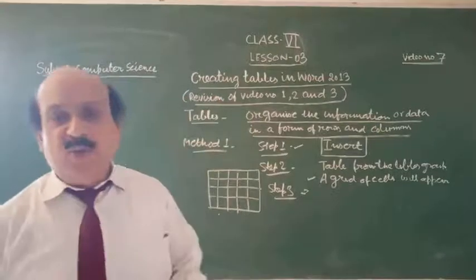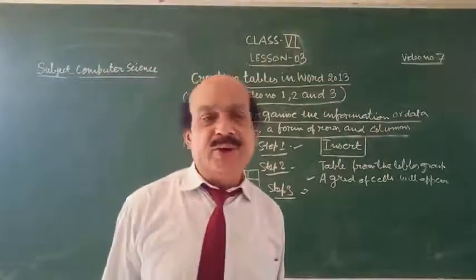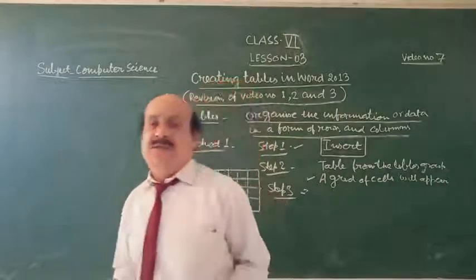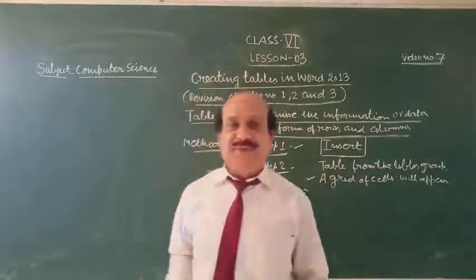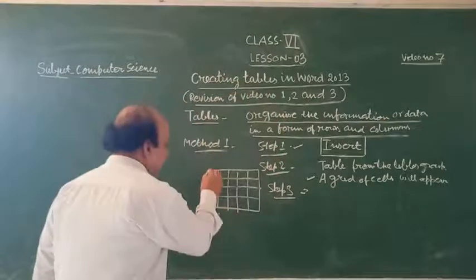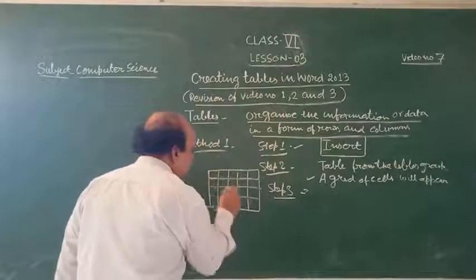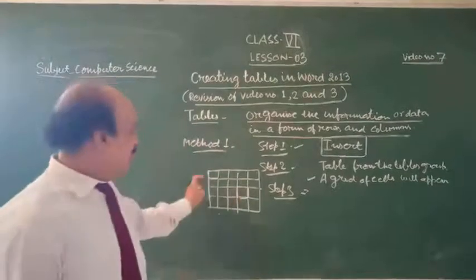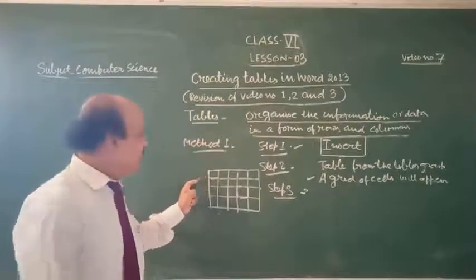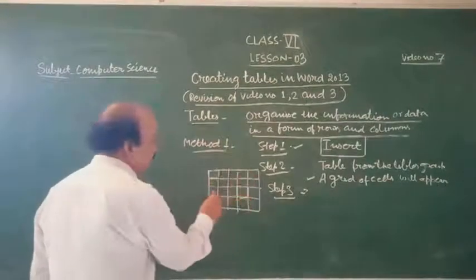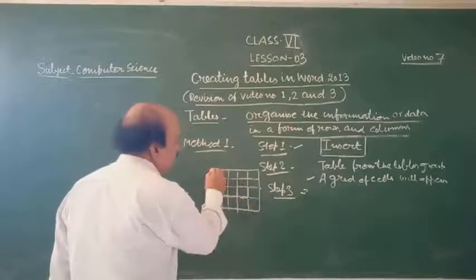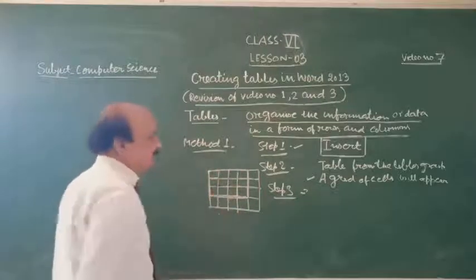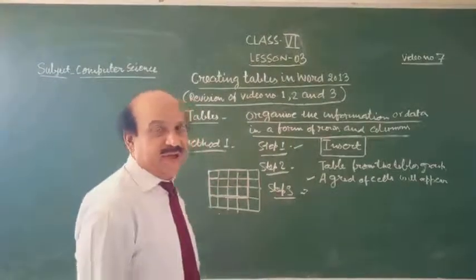Now for step 3. Step 3, move the mouse pointer to select rows and columns. So just imagine that we want to select from this one to this one. What will you do? You will put the mouse pointer here and start to drag up to this one. You will find the green options which appear on the screen.